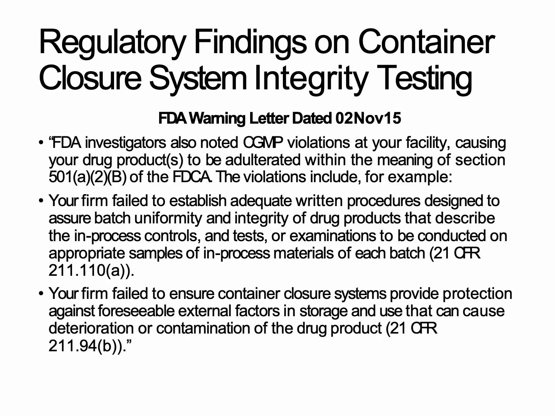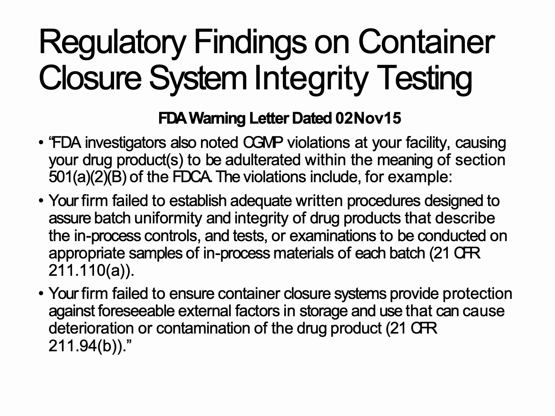We can also have another case of an FDA warning letter. In this warning letter, dated November 2nd, 2015, investigators identified critical current good manufacturing practice, or CGMP, violations that led to the classification of drug products as adulterated under Section 501(a)(2)(B) of the FDCA.